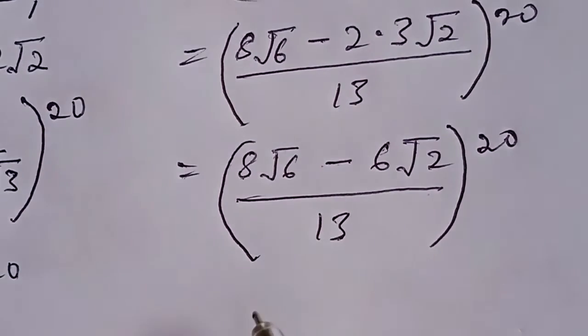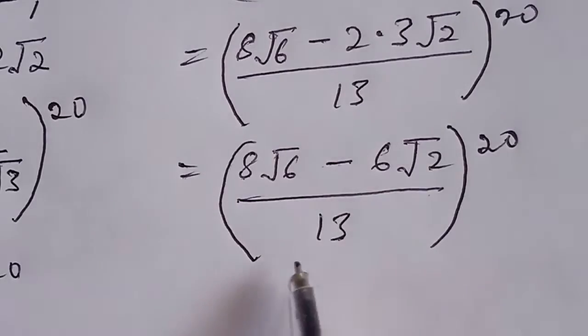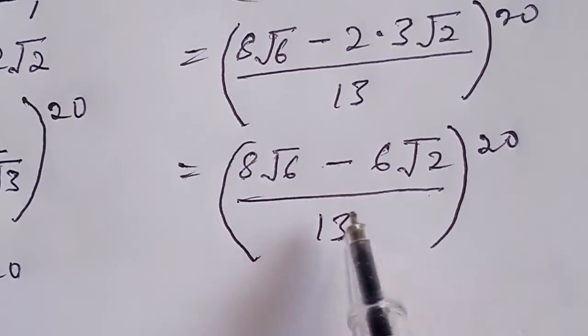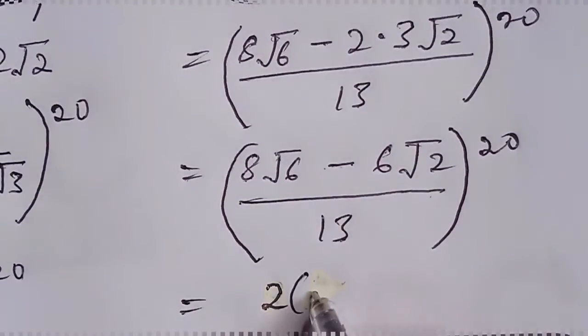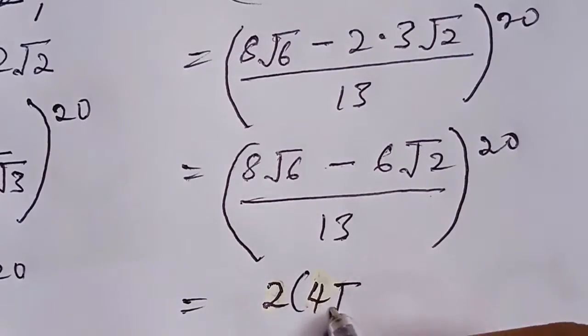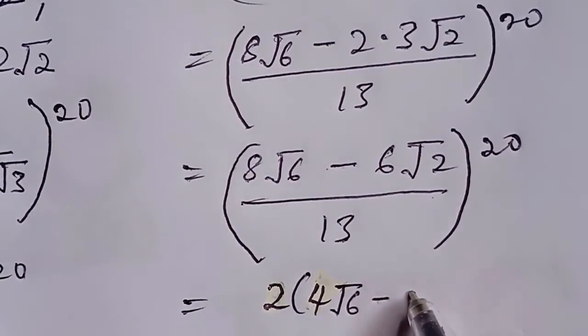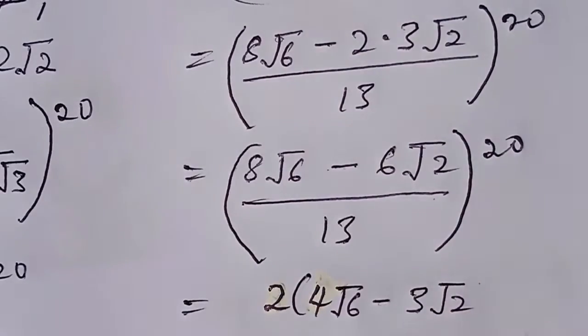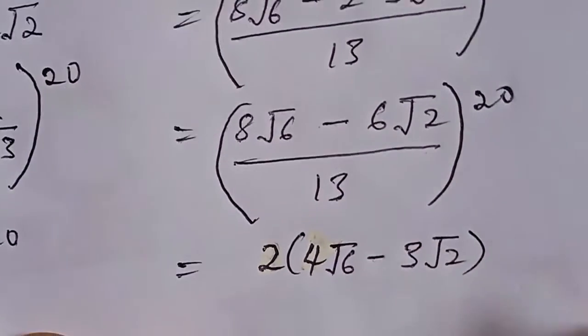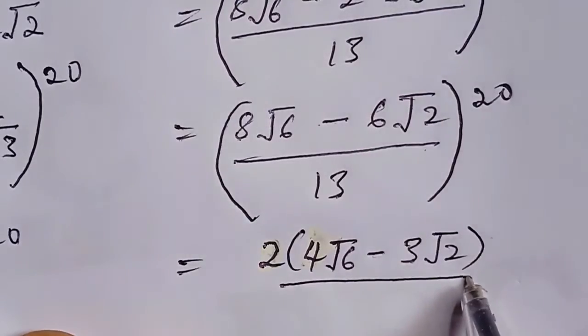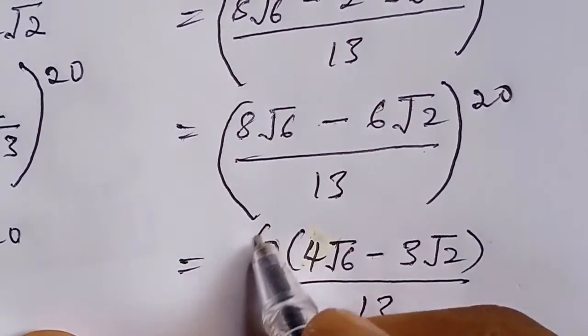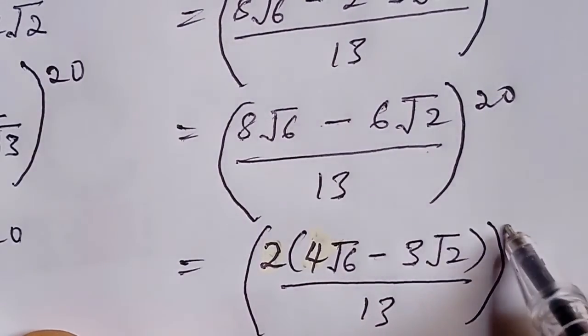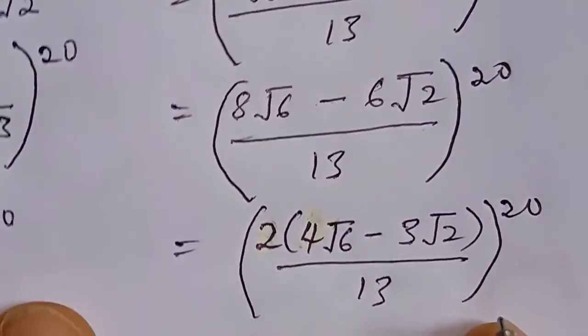Now what we then need to do is to factor out 2 from the numerator. So we have 2 into bracket 4 square root of 6 minus 3 square root of 2. Then we close the bracket over 13, everything will be into bracket to the power of 20.